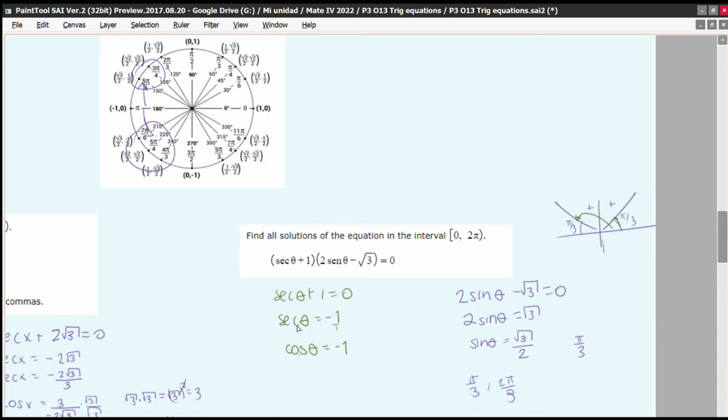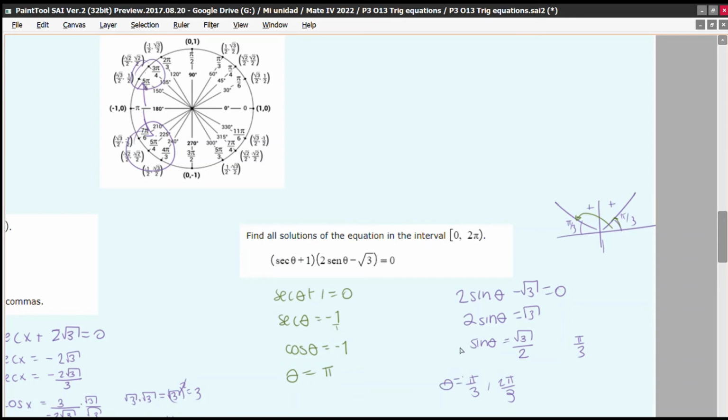So, let's think about cosine of theta equals -1. There is only one place where cosine is -1. I'm going to give you a second to think about it, or to look at the unit circle that we have up there. Yes, my solution is pi. So the only solution for this equation is pi.